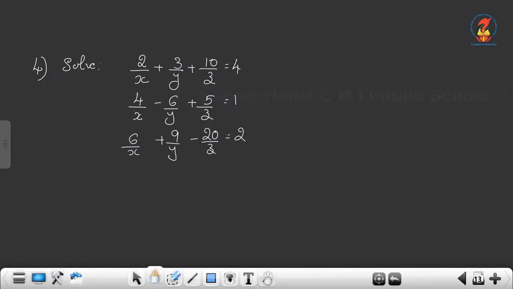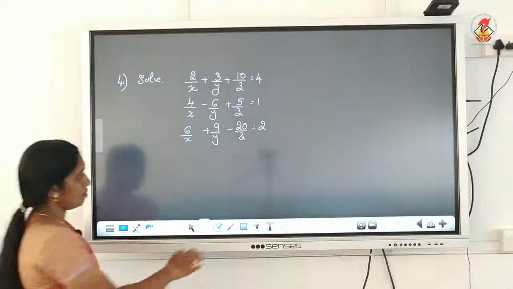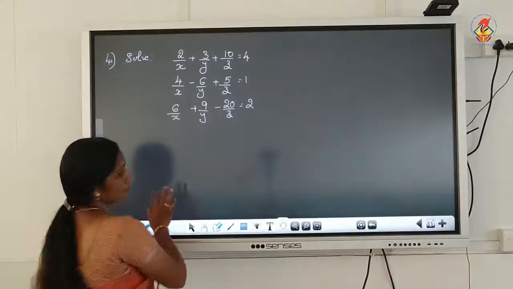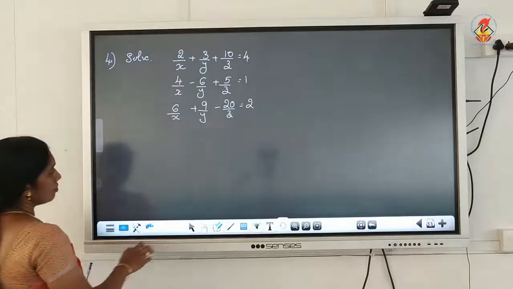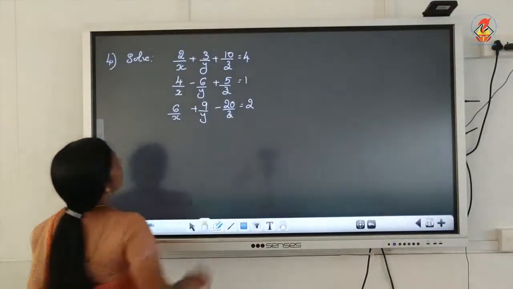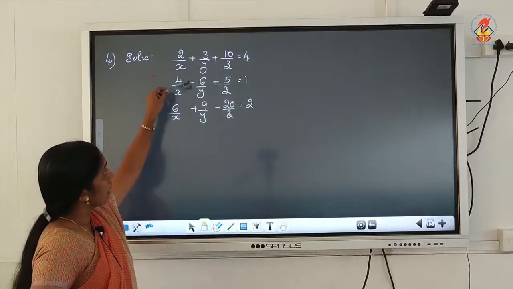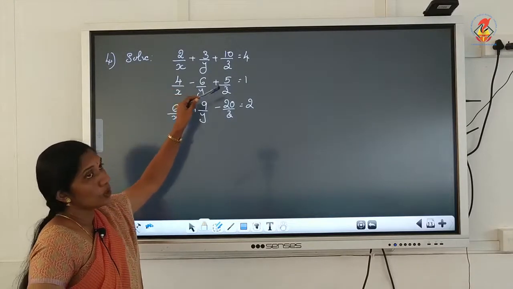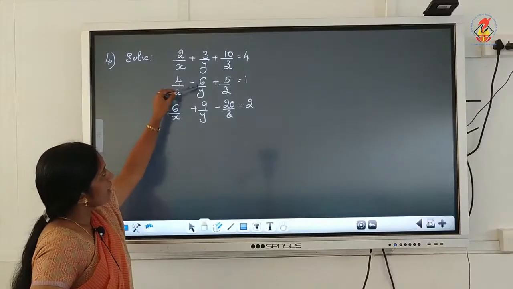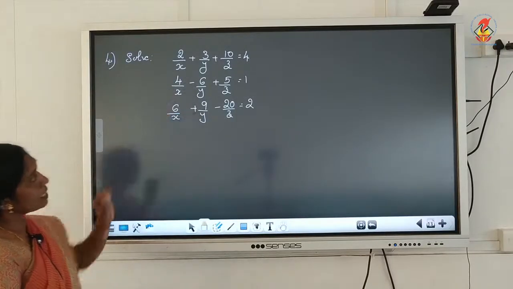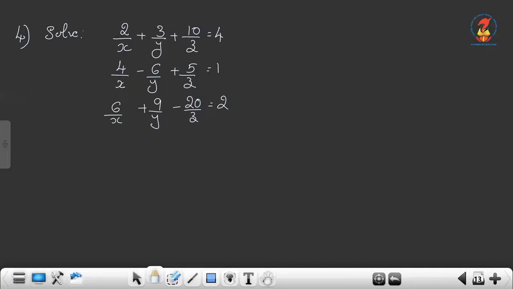Now the question number 4. Solve: 2 by x plus 3 by y plus 10 by z equal to 4, 4 by x minus 6 by y plus 5 by z is 1, 6 by x plus 9 by y minus 20 by z is equal to 2.